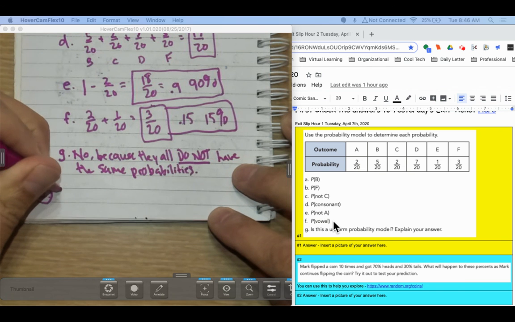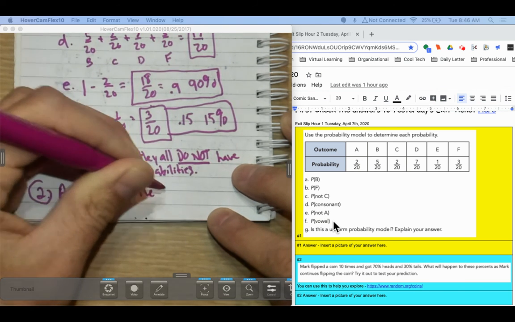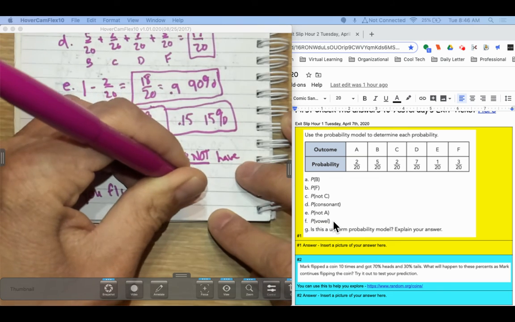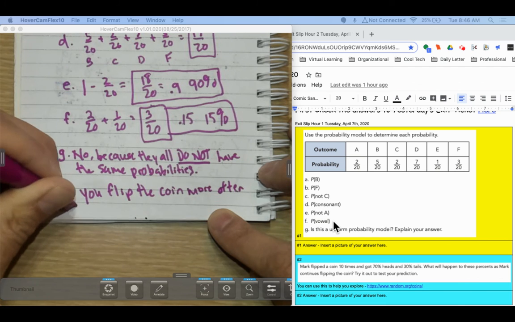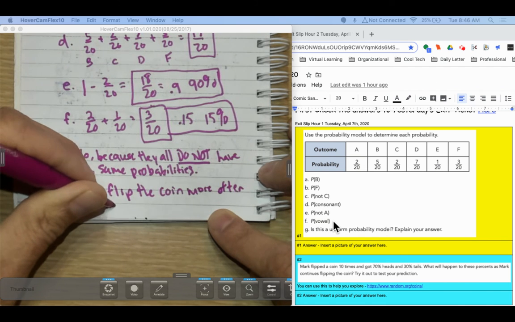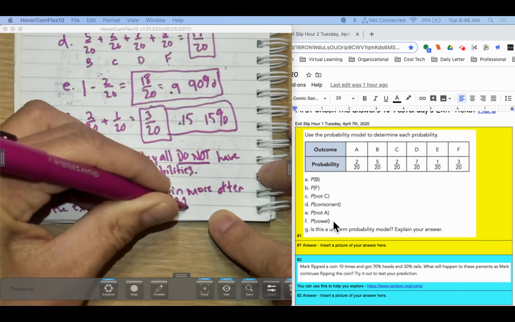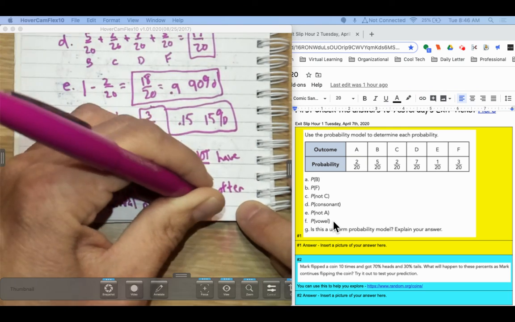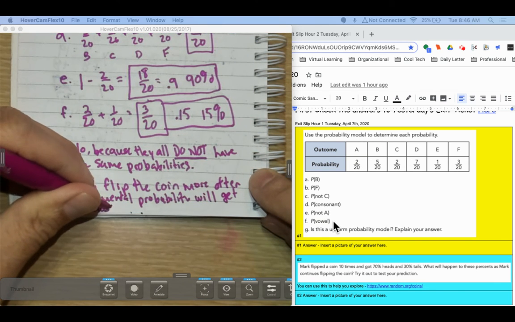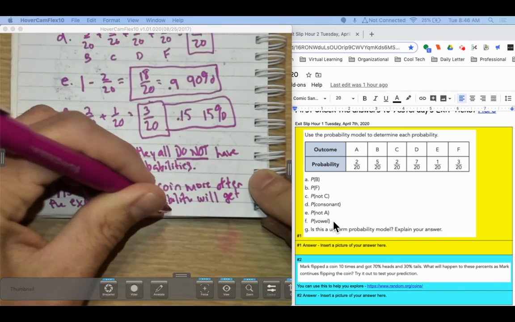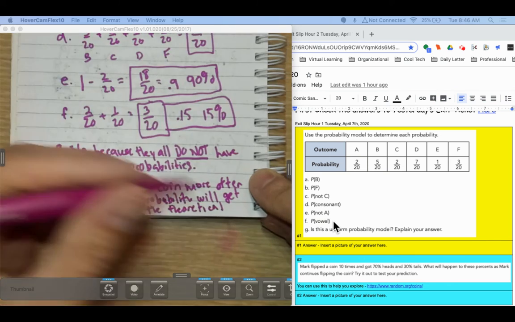And so what you should be finding is as you flip the coin more often, the experimental probability will get closer to the theoretical probability.